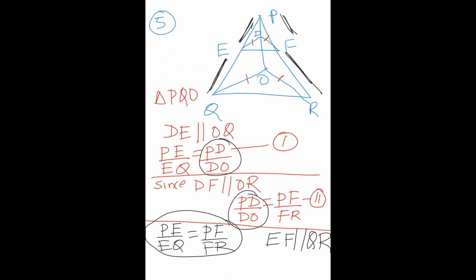We are having 2-3 minutes. We'll try to discuss question number 7. Using theorem prove that a line drawn through the midpoint of one side of a triangle parallel to another side bisects the third side. You have proved it in class 9.